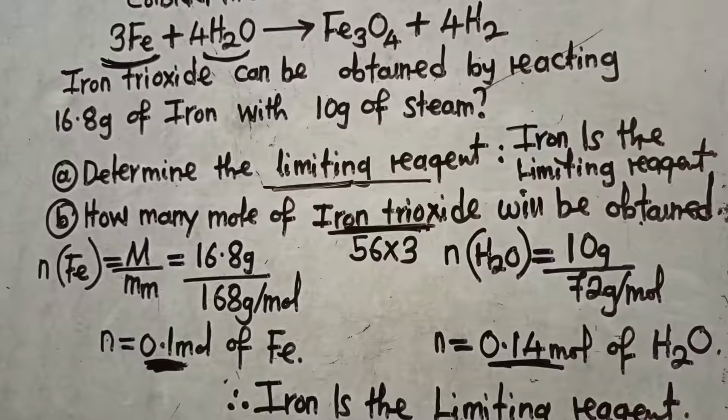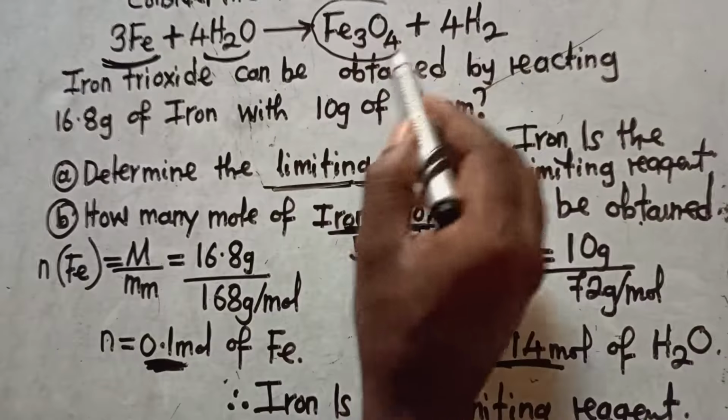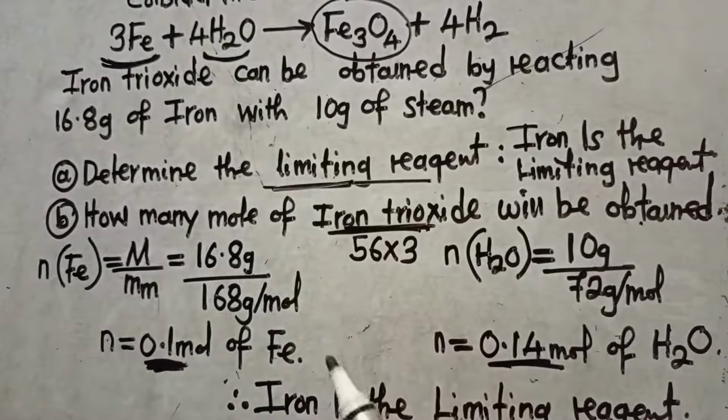So when you are taught to answer such questions where you even determine the limiting reagent, just know that to determine the number of moles that will be obtained, you need to use the limiting reagent, because that is the one that used all the moles. That is the one that used all the quantities it had in it. So it finished everything. That is why we need to use it.